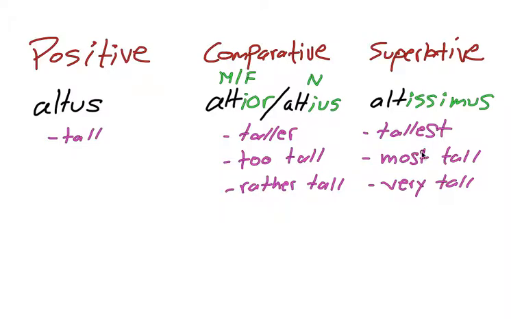Okay, let's do a couple of more examples of these. Okay, so I'm going to set up a new sort of diagram here. I'm going to abbreviate this time so I have a little bit more room. So positive, comparative, and superlative. And let's use clarus this time.